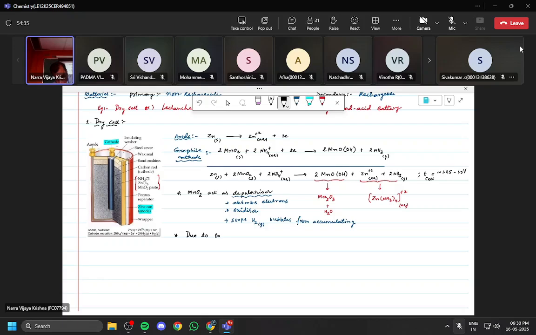Due to some internal resistance, voltage output decreases. So there will always be a drop in voltage, or a drop in cell potential. Can I say it as drop in cell potential or maybe drop in cell voltage, right?